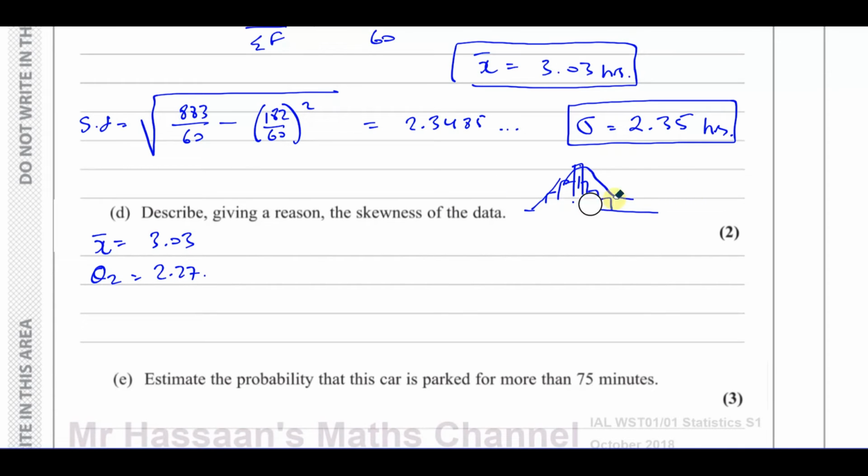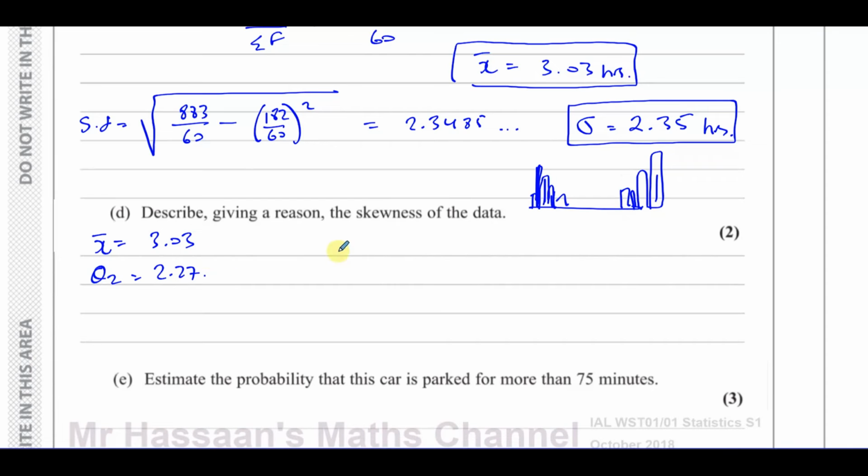Positive skew is something like this, where more of the values are towards the lower end. In this case, the mode and the median will both be less than the mean. But when it's negative skew, it's the other way around. The mode and the median will be greater than the mean. So the mode will be greater than the median, which will be greater than the mean.